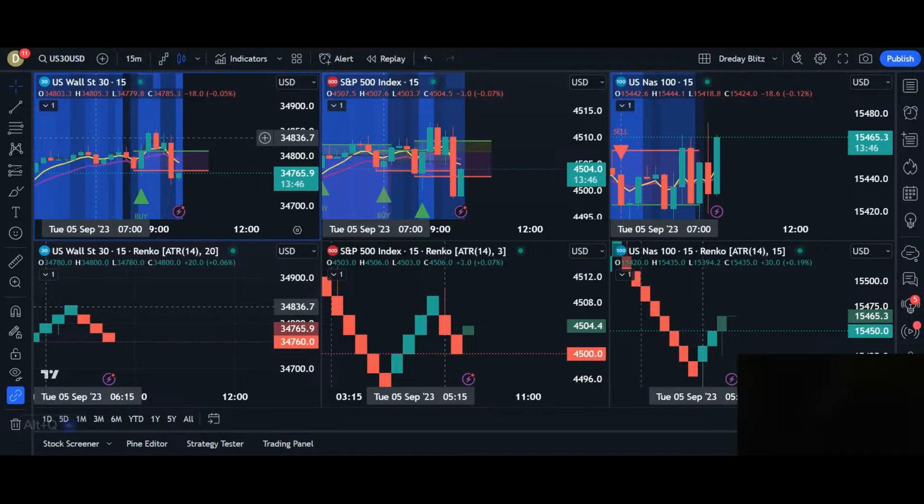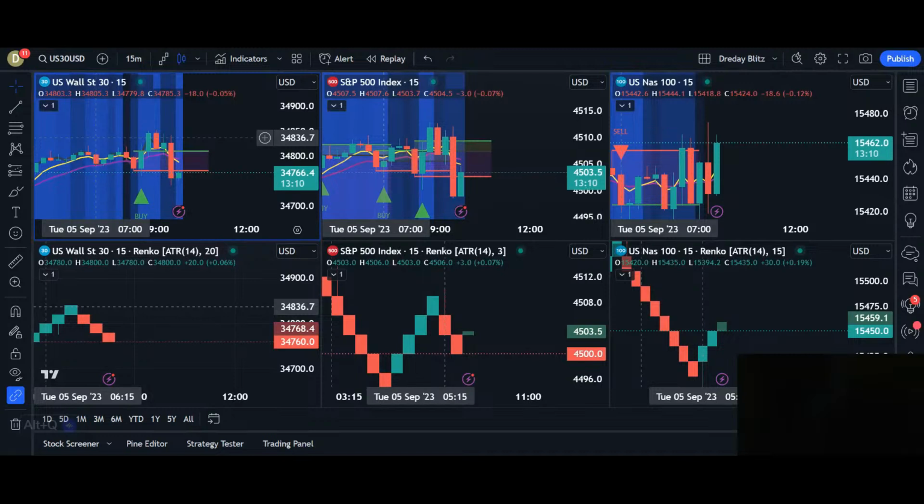I only look to see exactly which pair will be moving the most for the week, and then I focus on those and put the pairs I'll focus on for the day or the week in a setup like this, depending on whether there are any news events. And then I just take my time, follow my indicator, and take the trade.